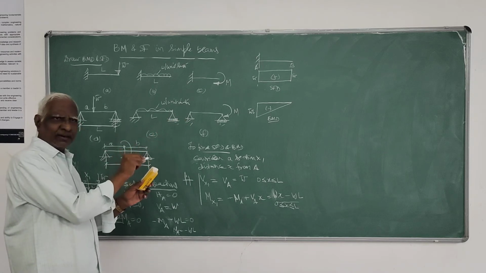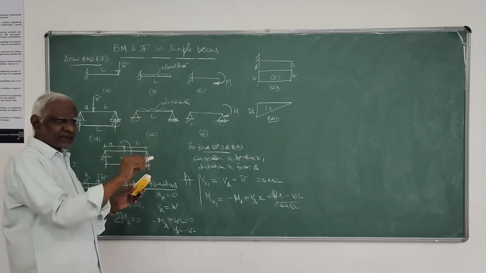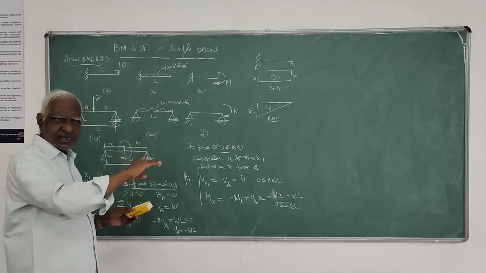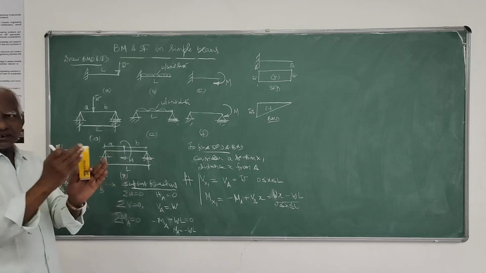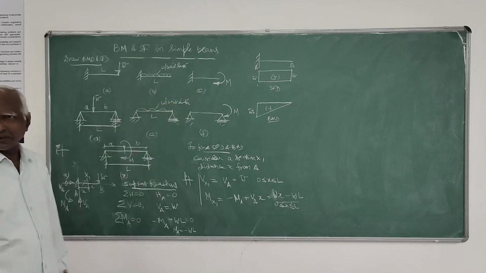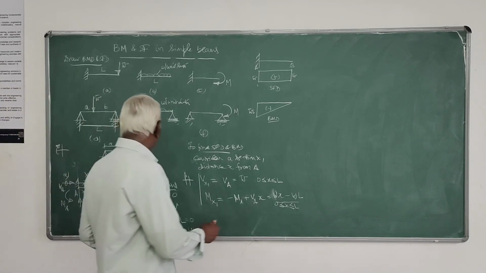Get the value at the starting end of the section and the ending end of the section, and join them by a straight line, constant or curve form depending upon the equation in that segment. You will get either shear force or bending moment. That is as simple as that.